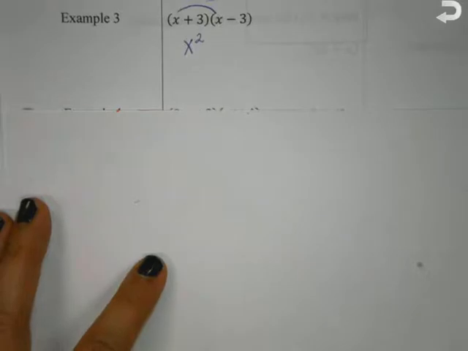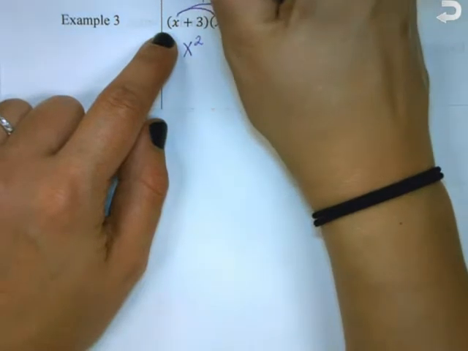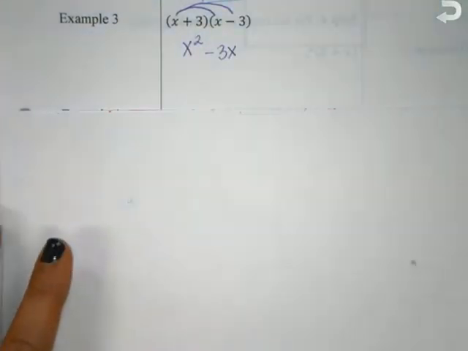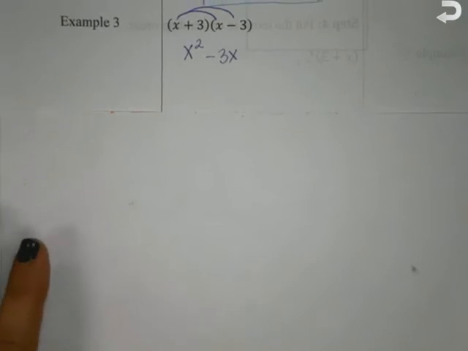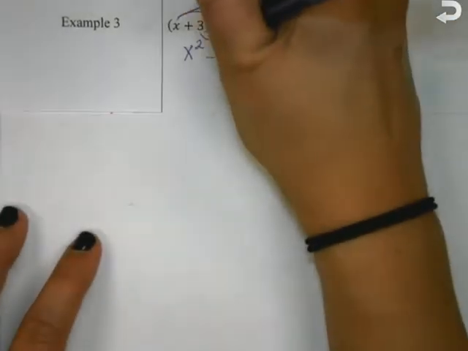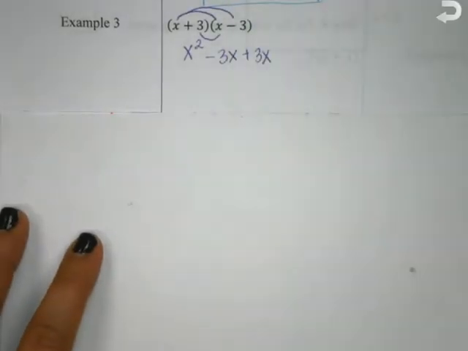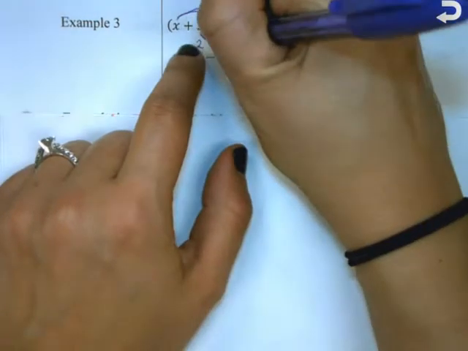O stands for outside, x times negative 3 gives me negative 3x. I stands for inside, positive 3 times x is plus 3x. L stands for last, positive 3 times negative 3 gives me negative 9.